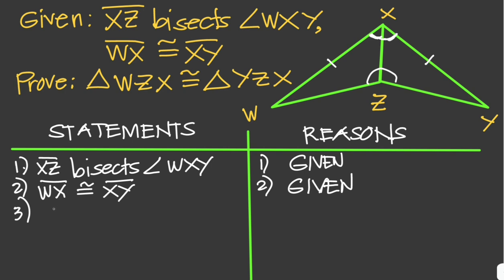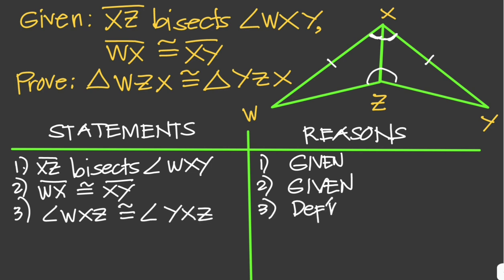We can write angle WXZ is congruent to angle YXZ. Then our reason would be definition of angle bisector, or just the definition of bisector.